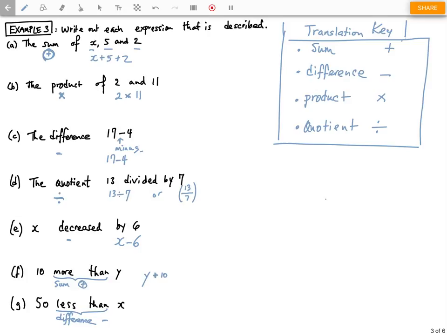So if we have a variable x, 50 less than x is subtracted by 50. So x minus 50 is how we translate 50 less than x, or the difference of 50 and x from x, or something like that.